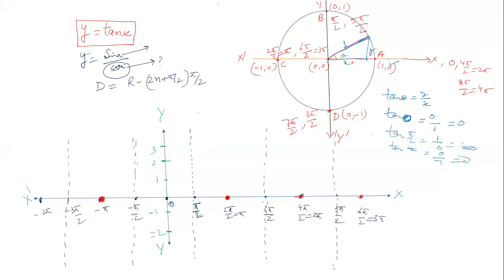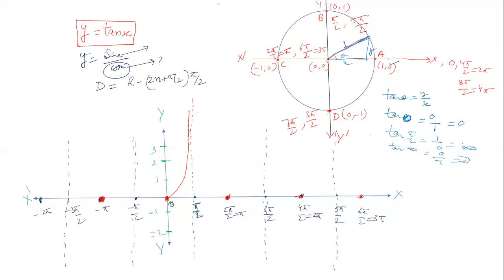So now, at 0 it is 0. At 90 degrees it is not defined, so the graph will go like this. It will not touch this dotted line.